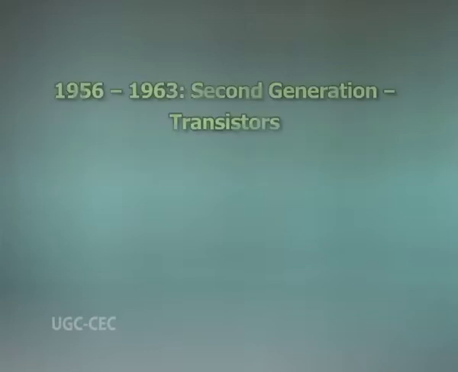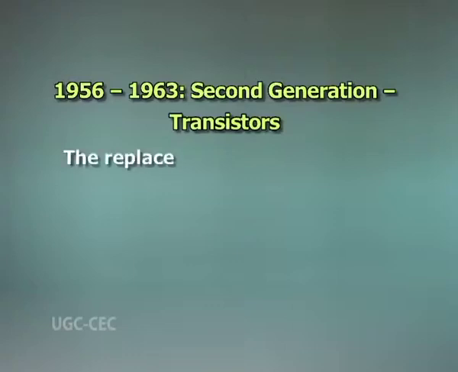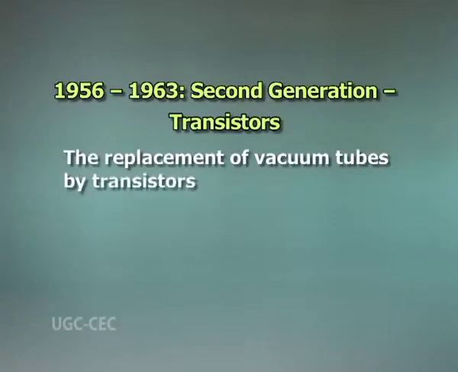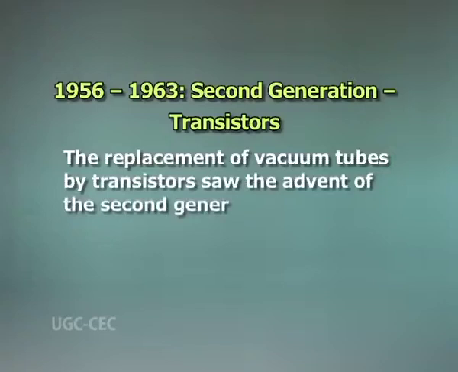During 1956 to 1963, the second generation computers, the replacement of vacuum tubes by transistors, saw an advent of the second generation computing. Although first invented in 1947, transistors weren't used significantly in computers until the end of 1950s.